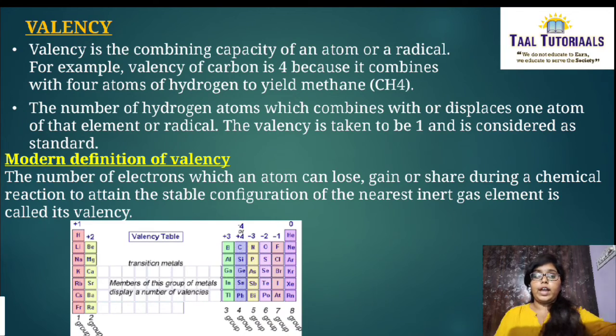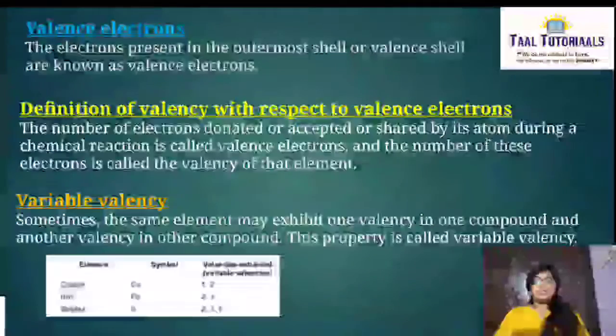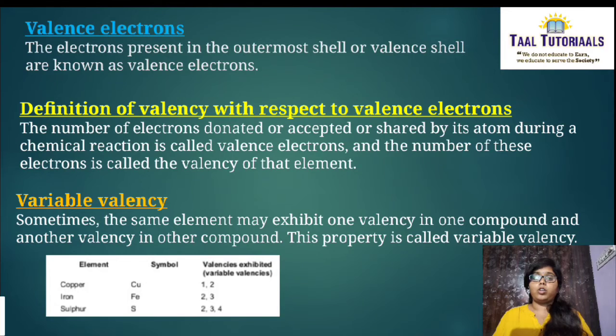Okay. Next, valence electrons. What is meant by valence electrons? The electrons present in the outermost shell or valence shell are known as valence electrons. Next, the definition of valency with respect to valence electrons. Now if we mix the definition of valency with valence electrons, what is the definition?